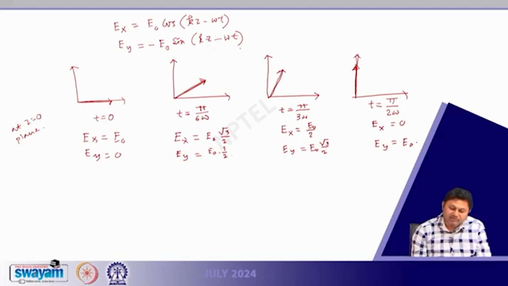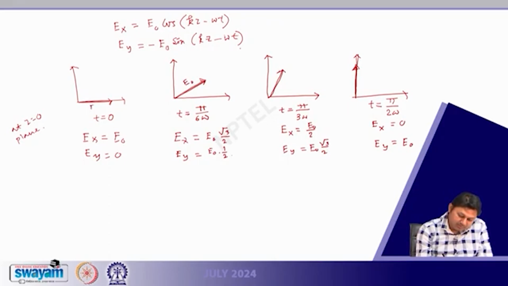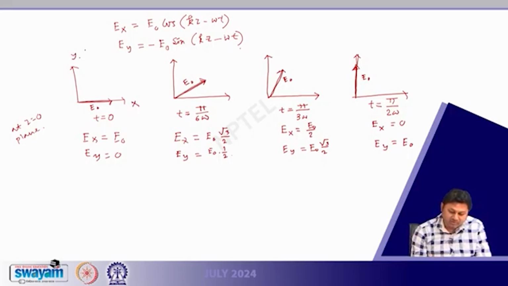Note, in all the cases the magnitude was E0. This is E0, this is E0, this is E0. The magnitude is always E0. This is the x axis and this is the y axis in all the cases.